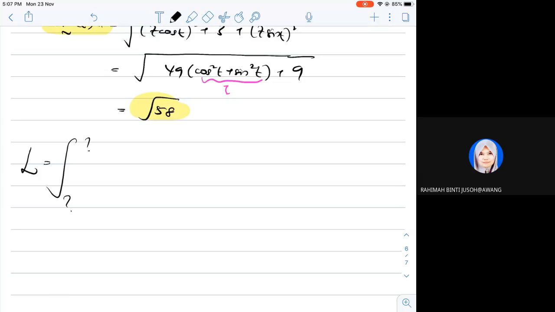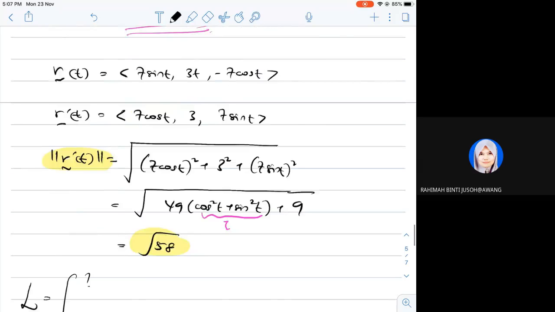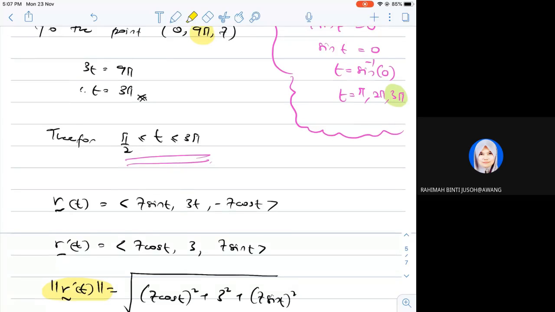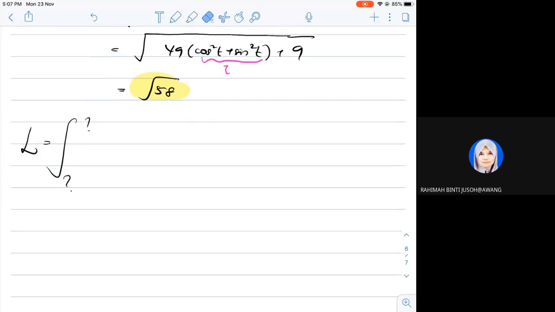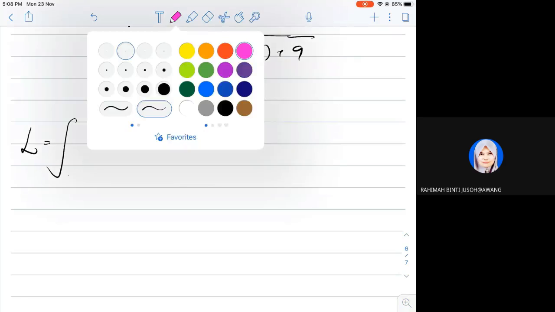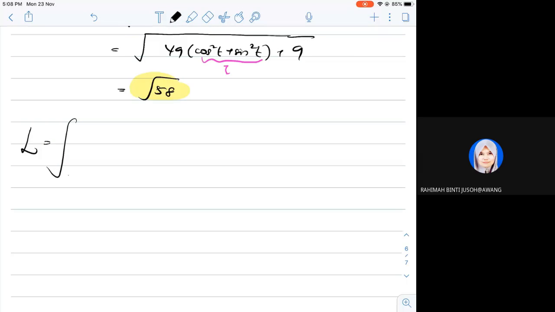We have to refer to the interval. Yes, this interval. So this is your A and this is your B. So start from pi over 2 until 3 pi.